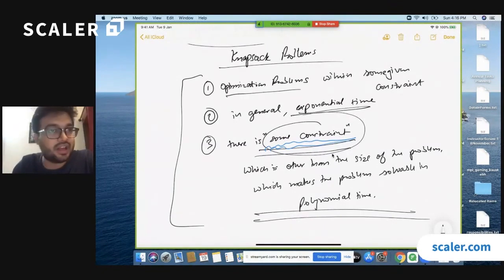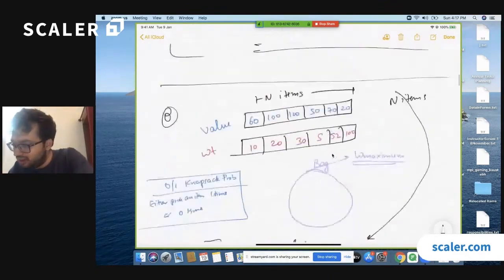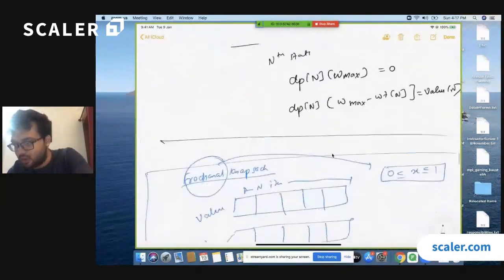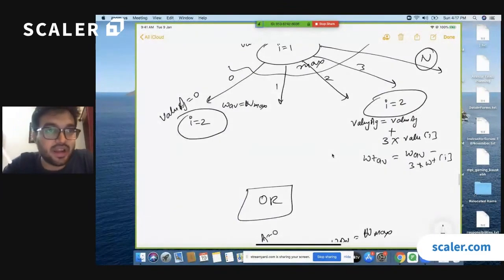Generally, it is going to take exponential time, but there is some constraint, apart from the number of elements in the array, the size of the problem, that actually makes this problem solvable in polynomial time. Cool. So let me make you appreciate that the constraint till this point in time was the weight of the bag. Does that make sense to you guys?